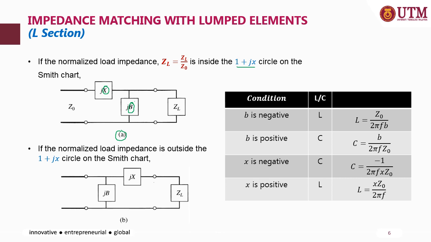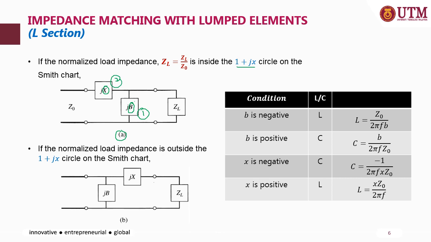All right, so from the formula, if you have the susceptance B negative, for example for configuration A, the first element you will be seeing is the component here, and next will be here.